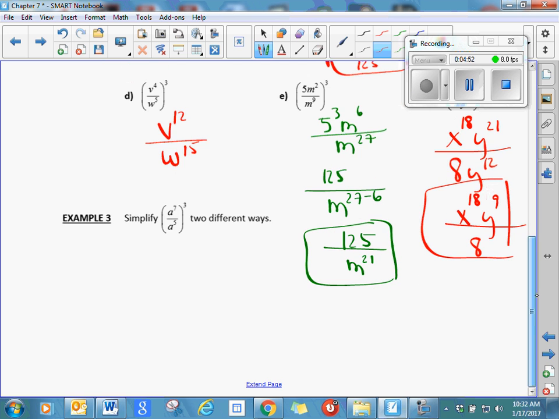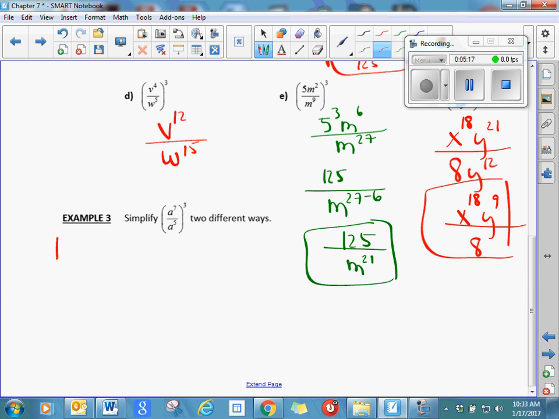Okay, so there's a couple different ways to look at these problems. When you've got multiple steps going on, you may choose to do it a different way than I. So let me show you the two different ways that you can solve this type of problem. Now, the first thing that you might notice is that I can do 7 minus 5.